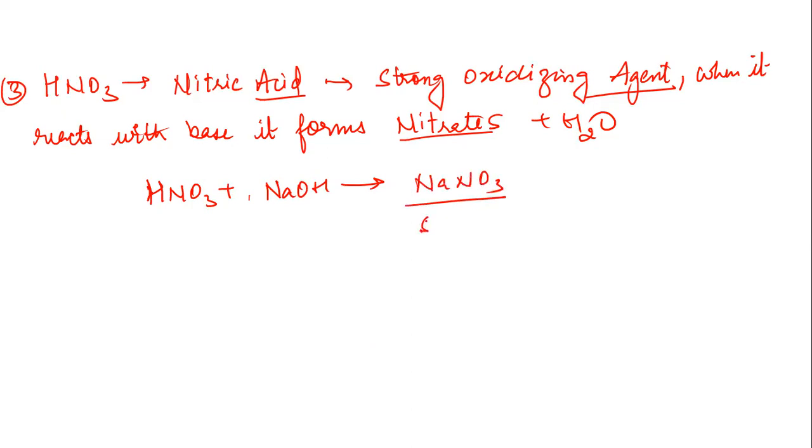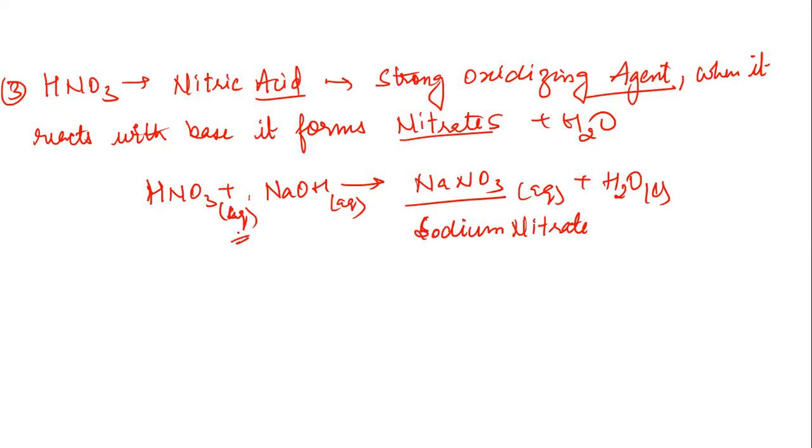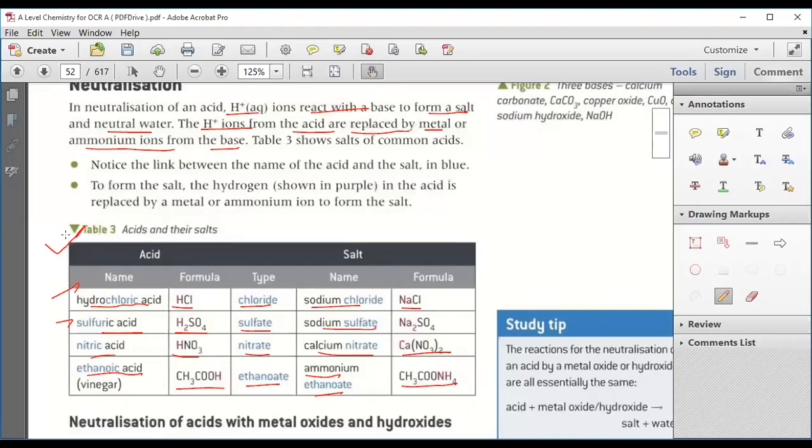This is sodium nitrate. Clear? Aqueous plus water. So HCl gives you chloride, H2SO4 will give you sulfate, and nitric acid will give you nitrates. Got it? That is all there in your notes.